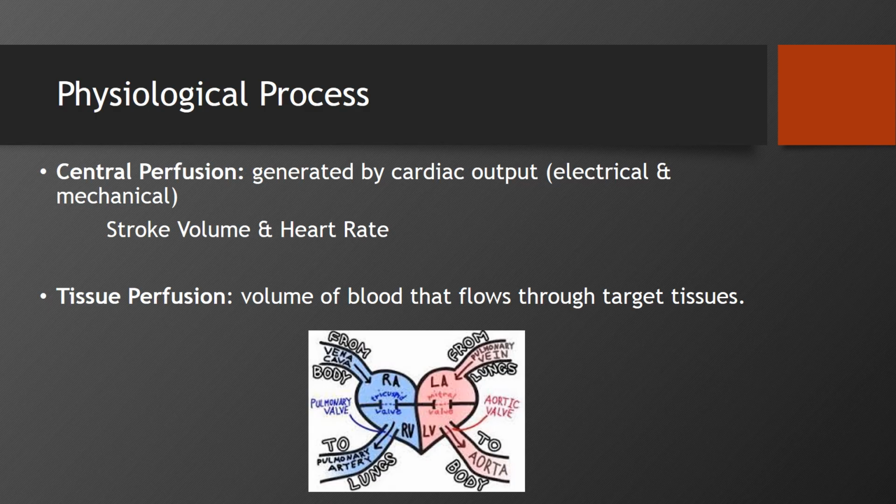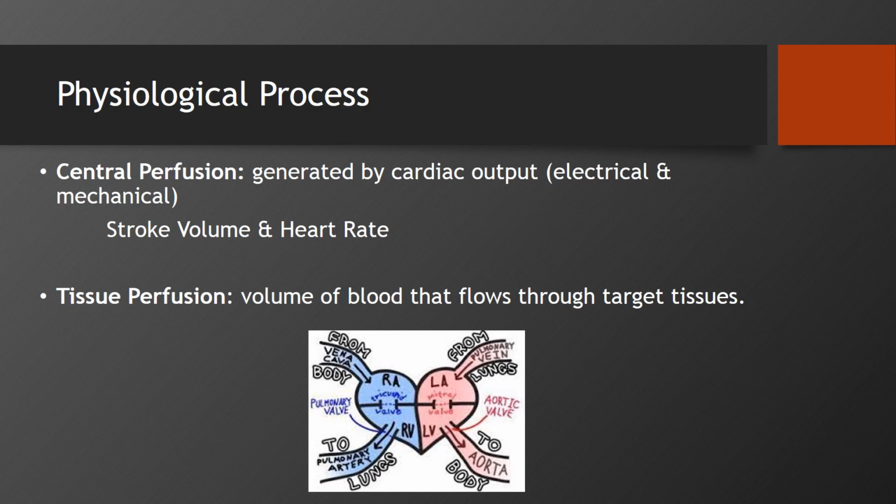You hear about diastole and systole very often. So basically, it's how much volume is being pushed out and how much is being left behind. It's the difference between your end diastolic volume and your end systolic volume.